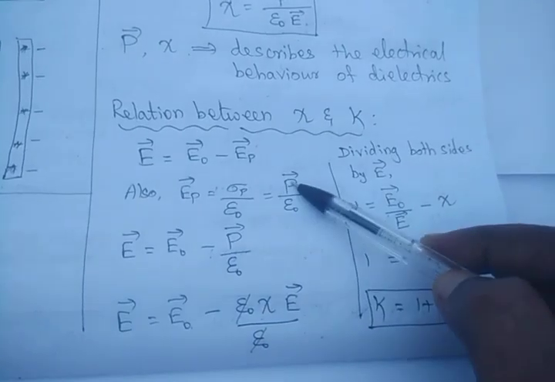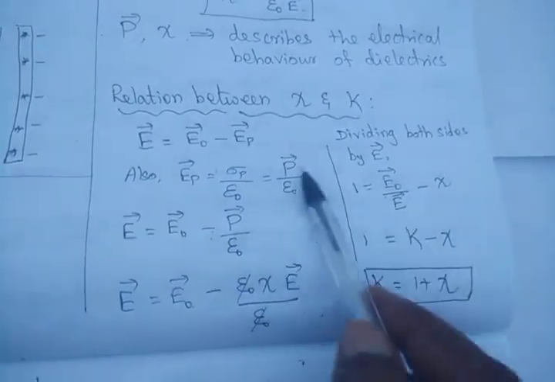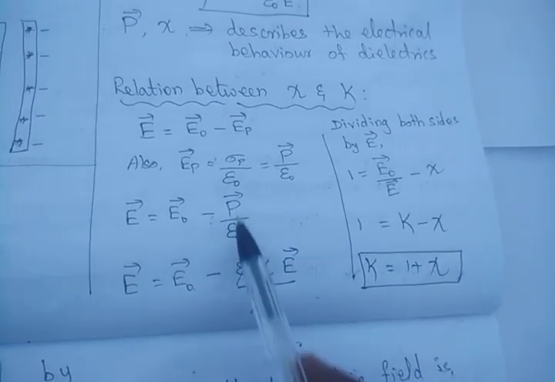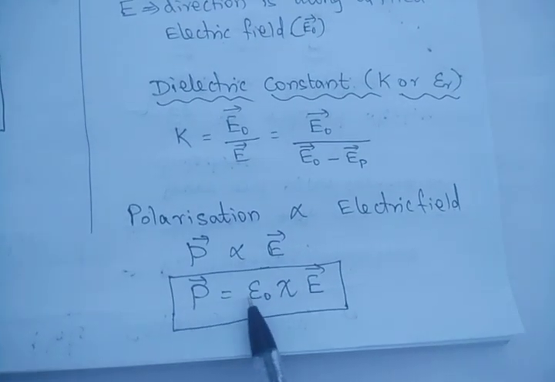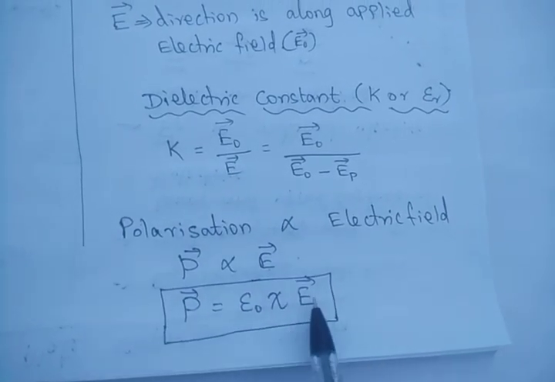So we substitute this equation here: E is equal to E naught minus P vector by epsilon naught. Instead of the P vector, we substitute the polarization vector, which is equal to epsilon naught into psi E vector.